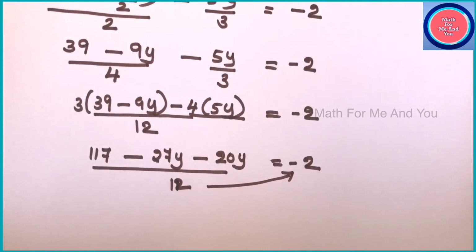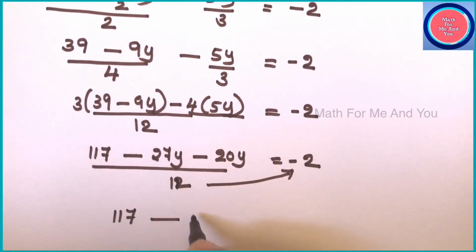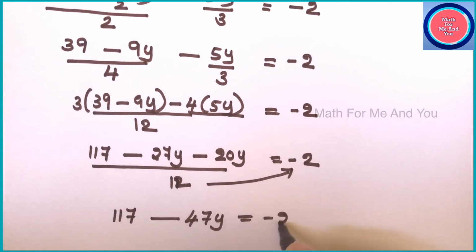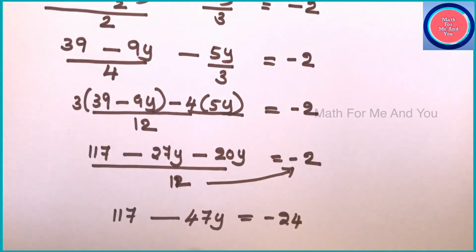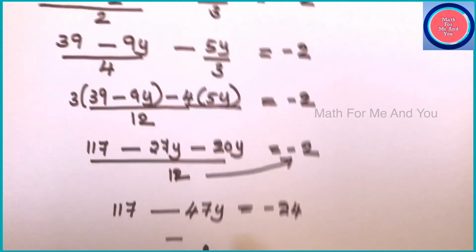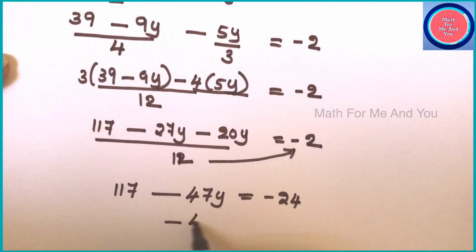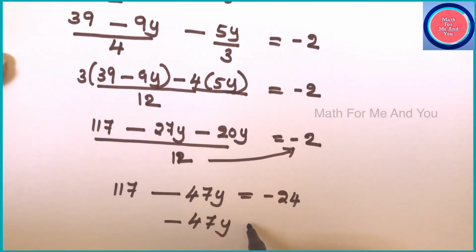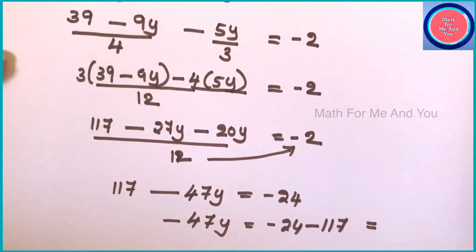So the left side: 117 and the y terms together, minus 47y, is equal to minus 24. See, the equation has changed to one variable only. From here we can find y. Keep the y term on the left side, minus 47y, and collect the numbers on the right side. Minus 24 minus 117 equals minus 141.